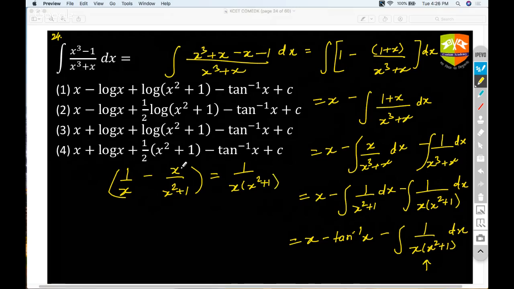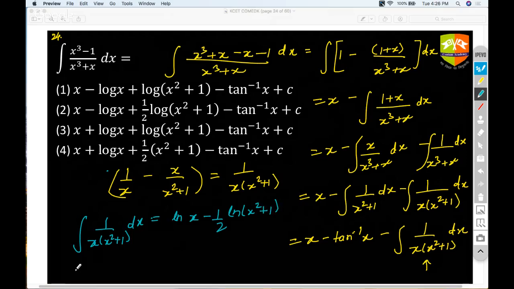I just have to get x square cancelled off. So the integral of 1 by x(x square plus 1) is going to be ln of x minus half ln of (x square plus 1).